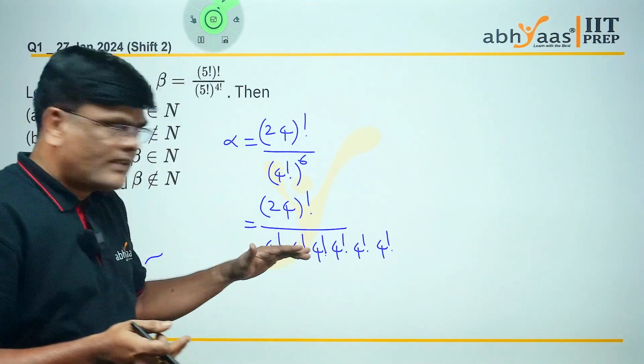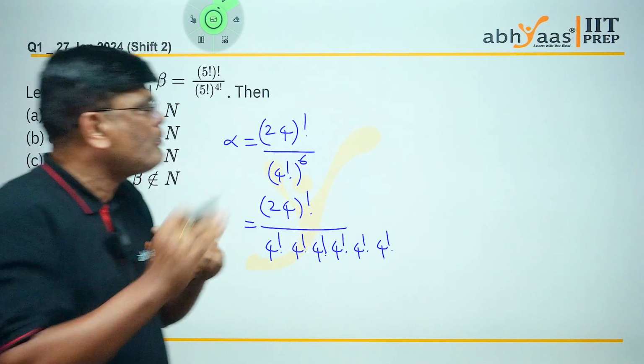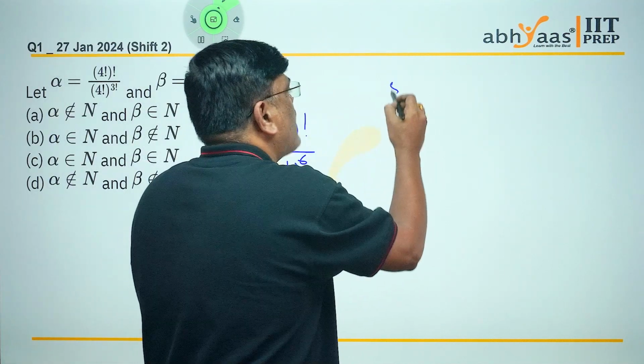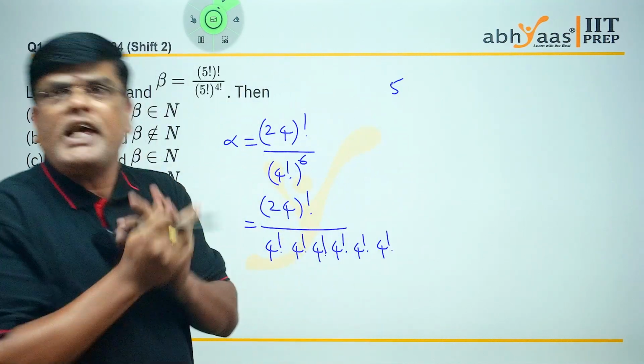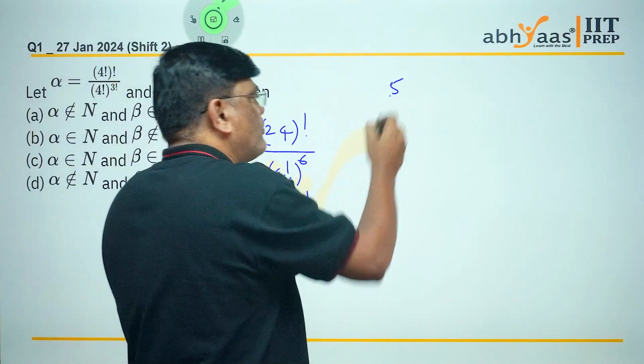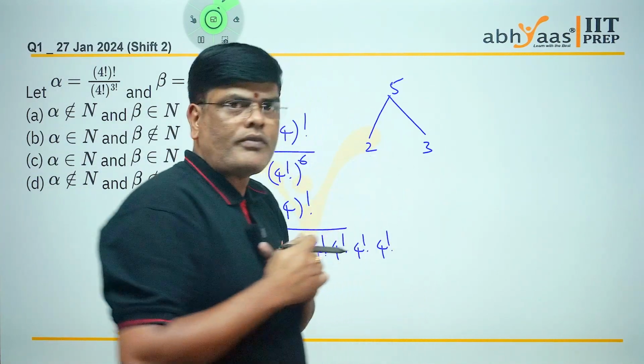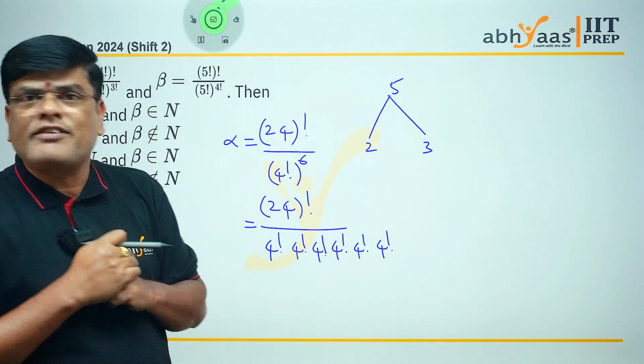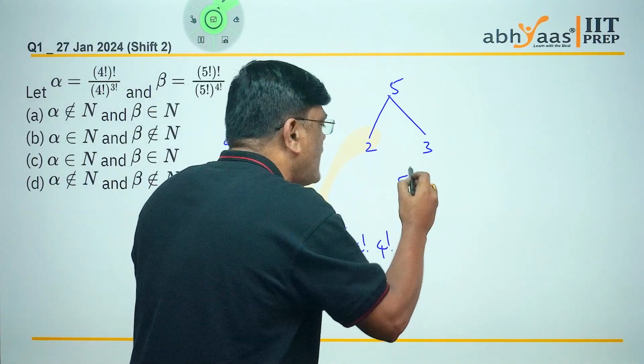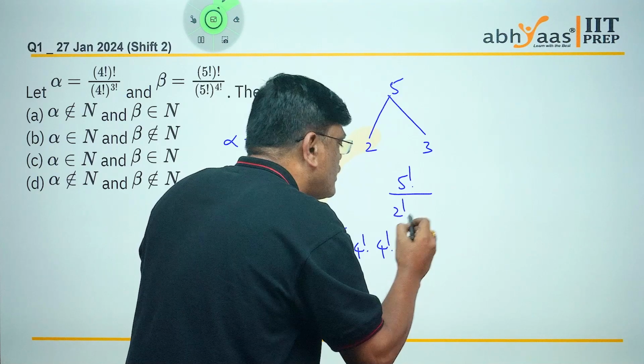For example, I am taking 5 objects. When I am dividing 5 objects into 2 groups, one group contains 2, another group contains 3, the number of ways will be 5 factorial by 2 factorial into 3 factorial.